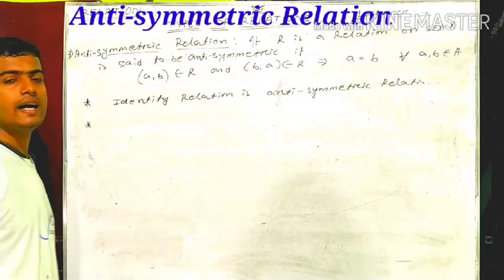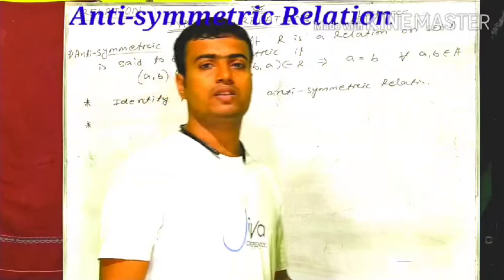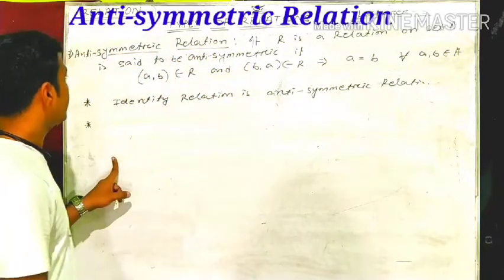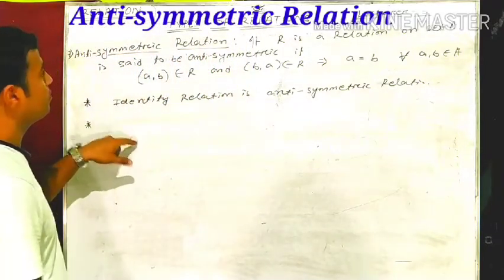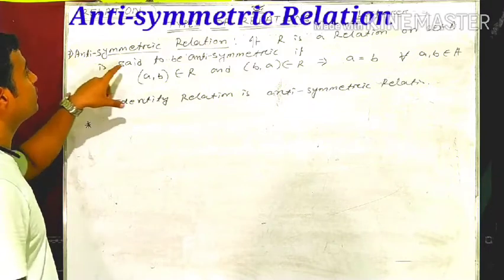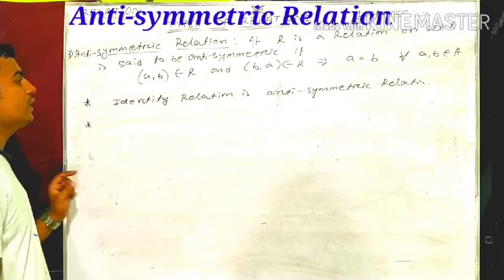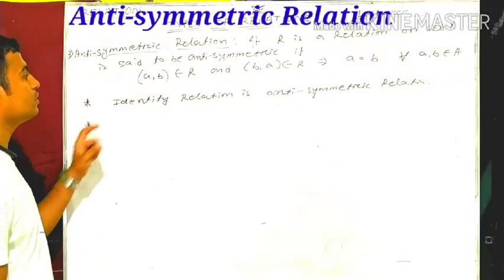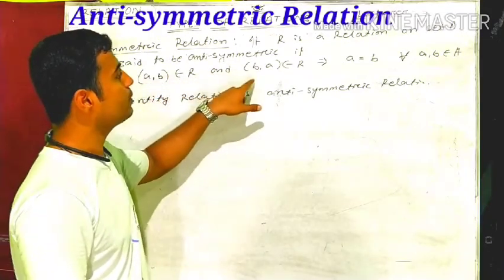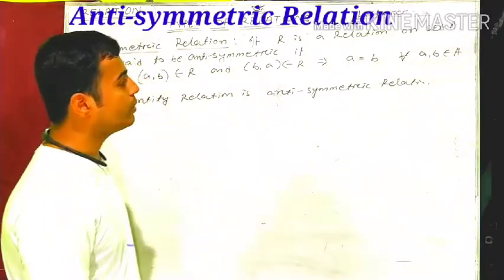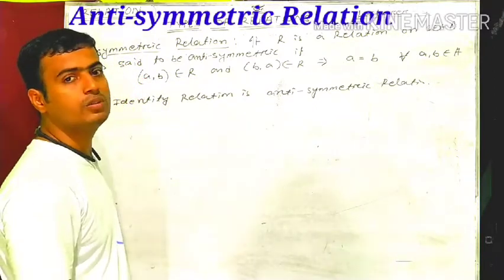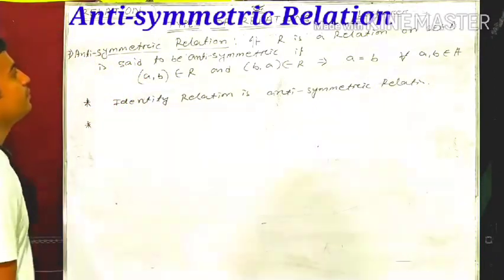This means the identity relation is also a reflexive relation, and both are anti-symmetric relations. So an anti-symmetric relation is a relation where (a,b) belongs to R and (b,a) belongs to R implies a equals b.